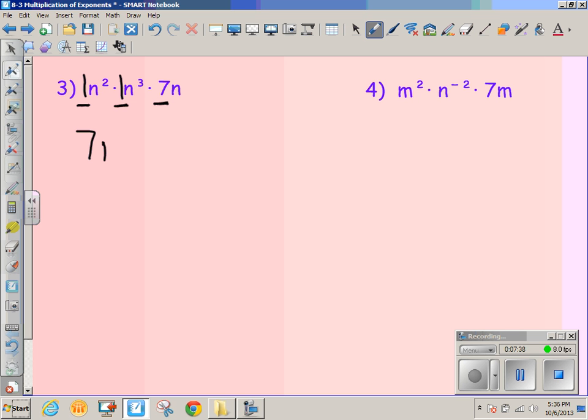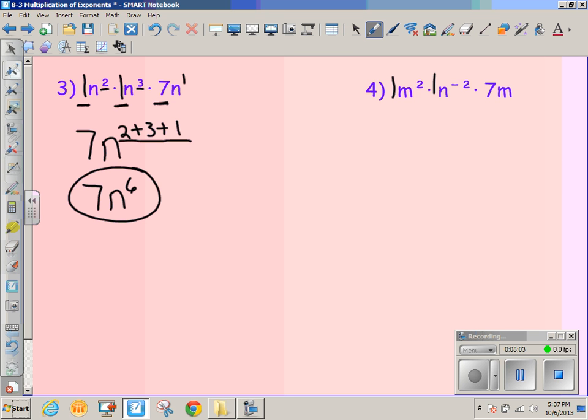I see we have the variable n, so I have n to the second, n to the 3rd, and don't forget that there is a 1 there as well. So we have 2 plus 3 plus 1, which is equal to 7 times n. 2 plus 3 is 5, plus 1 more makes 6. Final answer.